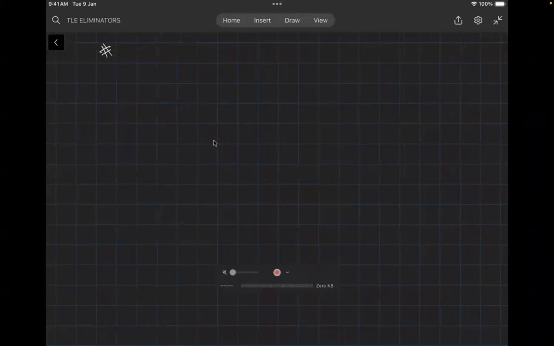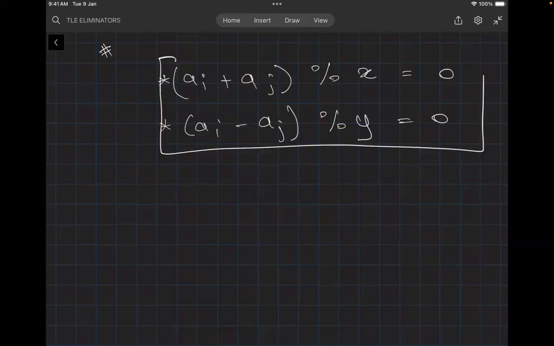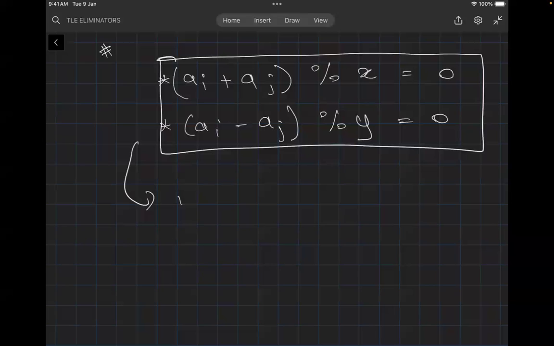A pair is beautiful if a_i plus a_j is divisible by x, or basically mod x is equal to 0, and a_i minus a_j mod y is equal to 0. These are the two conditions that the pairs must satisfy if you want to call them beautiful. Is this much clear, guys? This is what the problem asks.